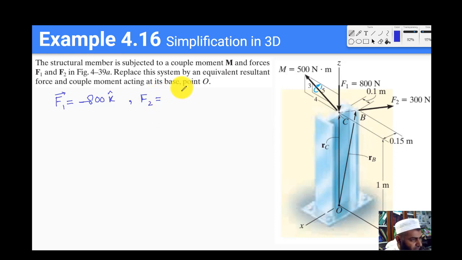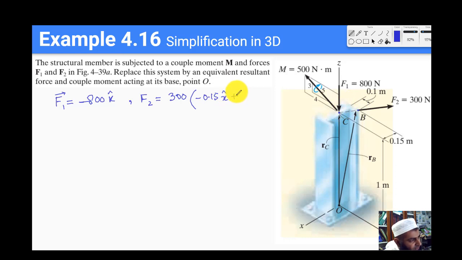So to find F2, this has a magnitude of 300 Newton, and for the direction we find the unit vector, which is going to be equal to minus 0.15 i hat, because to go from this point to this point I have to move along the x-axis minus 0.15 meters, and along the y-axis 0.1 meters.